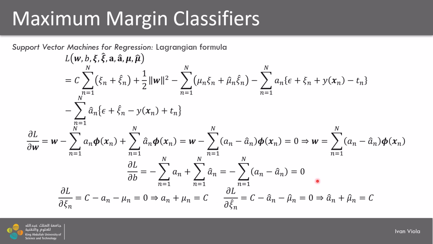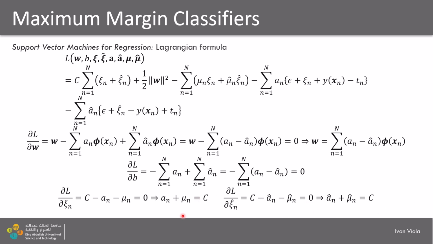And also for the xi hat n we have a similar result, where xi hat is coming out here as a C, and then the derivative here again will lead to the minus mu hat n, and then here we will have the minus a hat n also, and this is equal to 0.